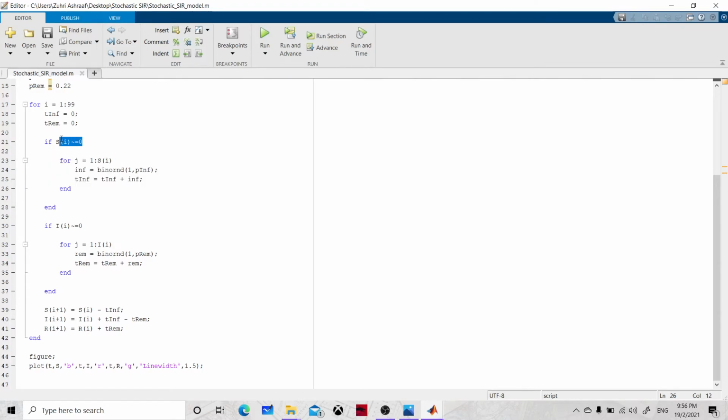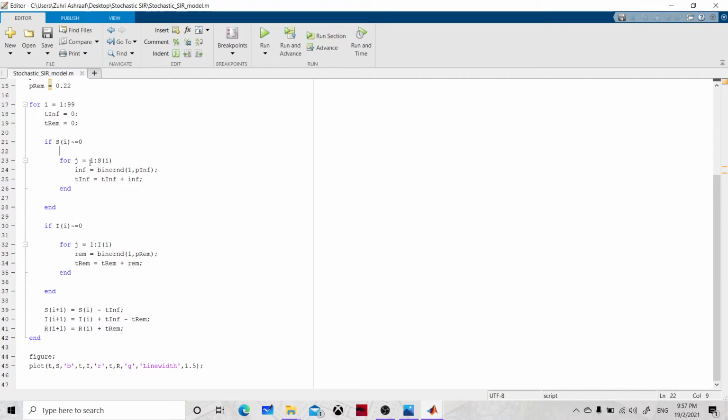It is important that we declare this, because in this part we are going to check whether each susceptible individual will be infected on that particular day or not. So if there are no more susceptibles, that means there's no one to be infected, right? So that's why it is important for us to make sure that this part will be executed.